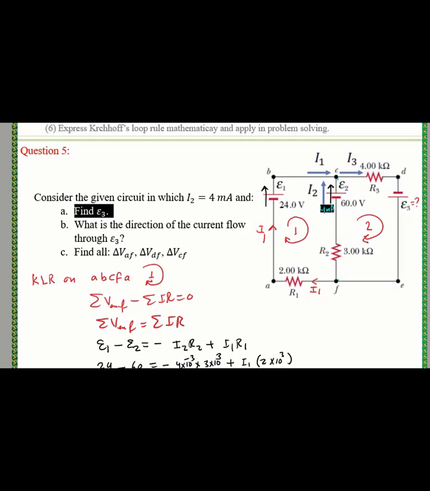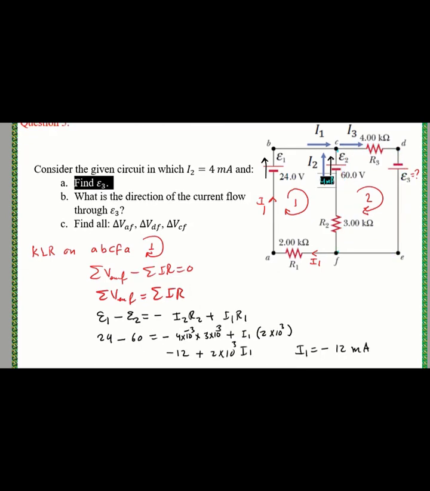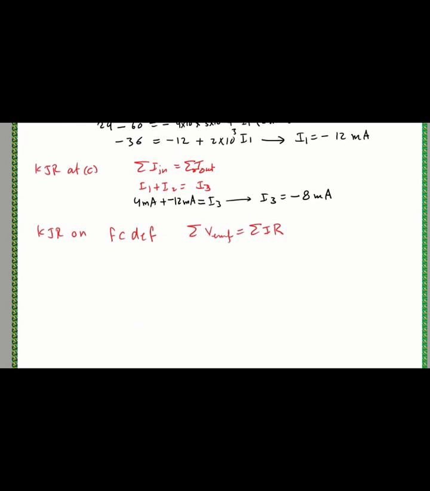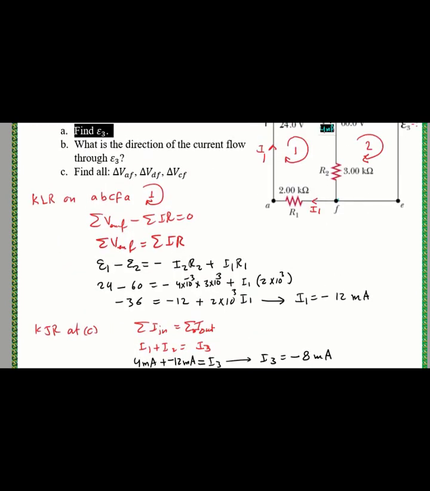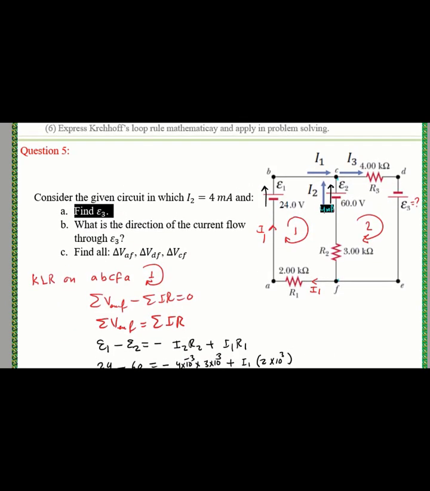So epsilon 2 plus epsilon 3. For the currents, when I'm going from F to C, I have a current of I2 and it is with me, and it goes through 3 kilo ohm.